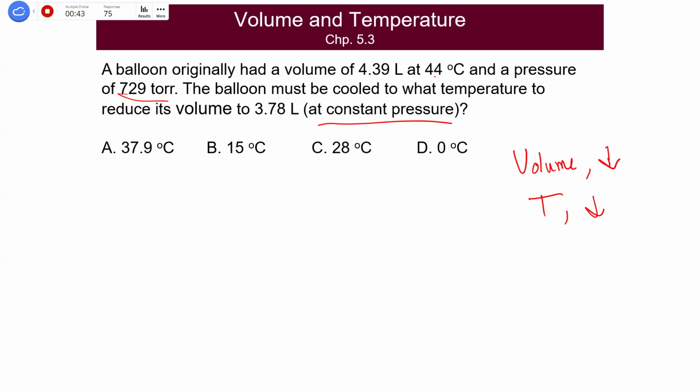It's in Celsius. What do you need to do? Convert it to Kelvin.